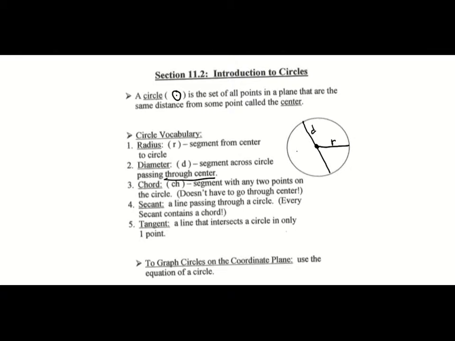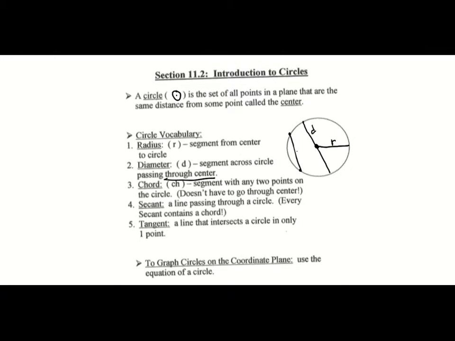The next vocabulary word with circles is called a chord. A chord is a segment with any 2 points on a circle. The difference between our diameter and our chord is that the chord does not have to go through the center. So we could have these 2 points on our circle.